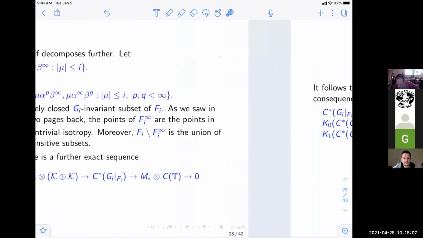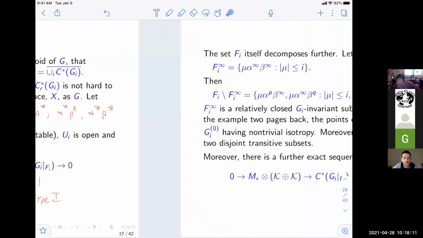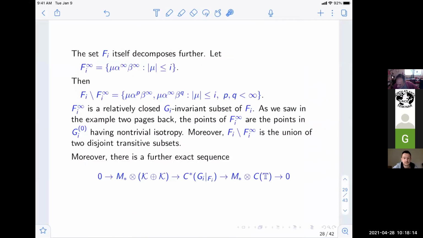Yeah, so let's see. It felt so elementary that I was... I believe there's this theorem that if the reduced C-star algebra of a Hausdorff étale groupoid is nuclear, then the groupoid must be amenable.